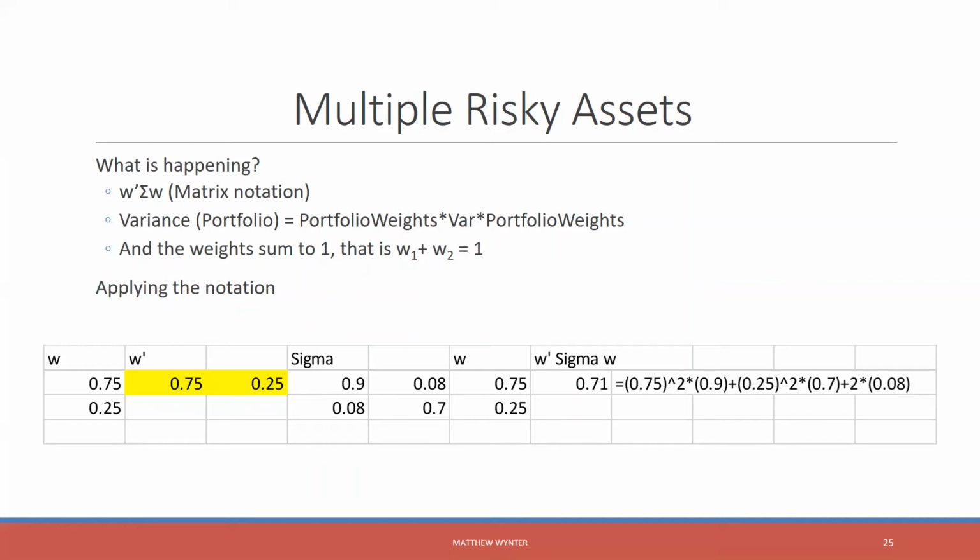What we want is just one number. We want a scalar value, one number that tells us what the variance is. And in order for us to be able to add up all of this with the variance and the covariance terms and the weights, we have to pre and post multiply our variance covariance matrix by our weights. So when we do that, we solve it down and we get a volatility for our portfolio.